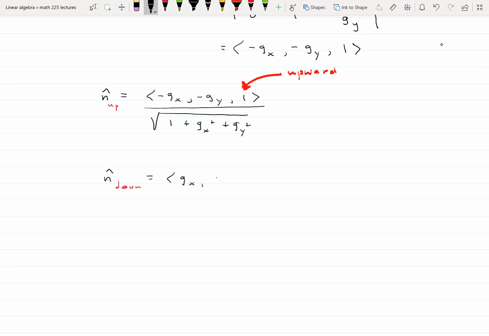It would look like gx, gy, negative 1 over the same length. So if we want to define our direction as up, then we look for a 1 in the z component. We define the normal vector as minus gx, minus gy, with 1 in the z component, before dividing by the length to make it a unit vector.